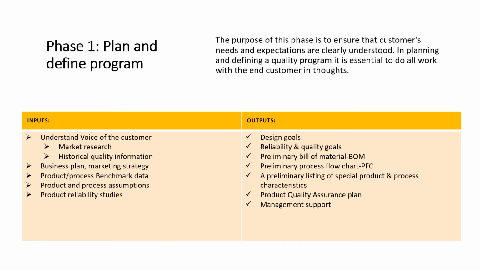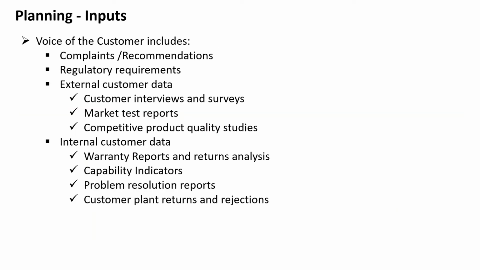Preliminary is like a basic thing which undergoes changes in its life cycle. So we need to put a document for bill of materials and a document for process flow chart. We need to define our initial things, which undergo changes in the next phases of product development. So these are the planning inputs in detail.